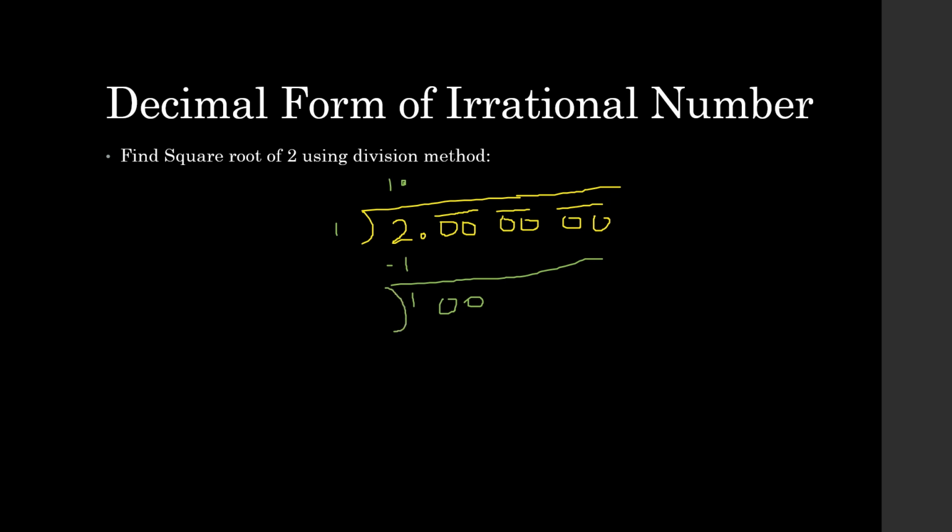The next rule is that whichever number is there here, you have to double it. Now 1 is there, and double of 1 is 2. And the next number we write here should be the same as the one I write after the decimal. Suppose I write 1, so it is 21, and 21 ones are 21, which is not near to 100.